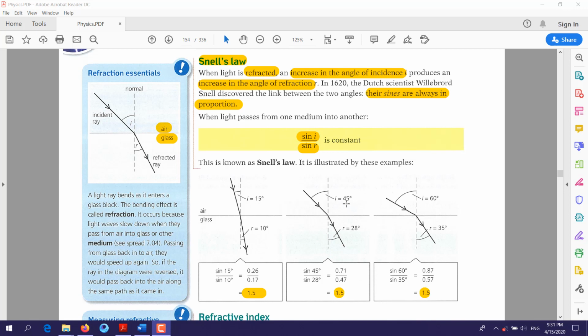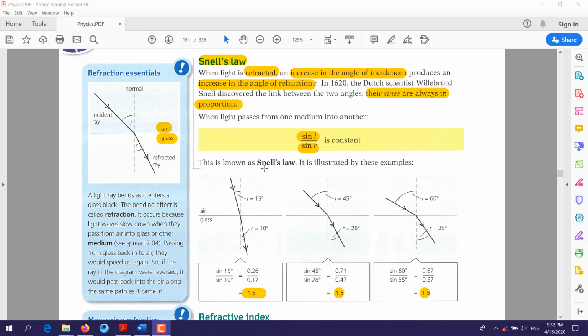Again, 45 here becomes 60, and 28 becomes 35. If we calculate it, we will see they have the same proportion.